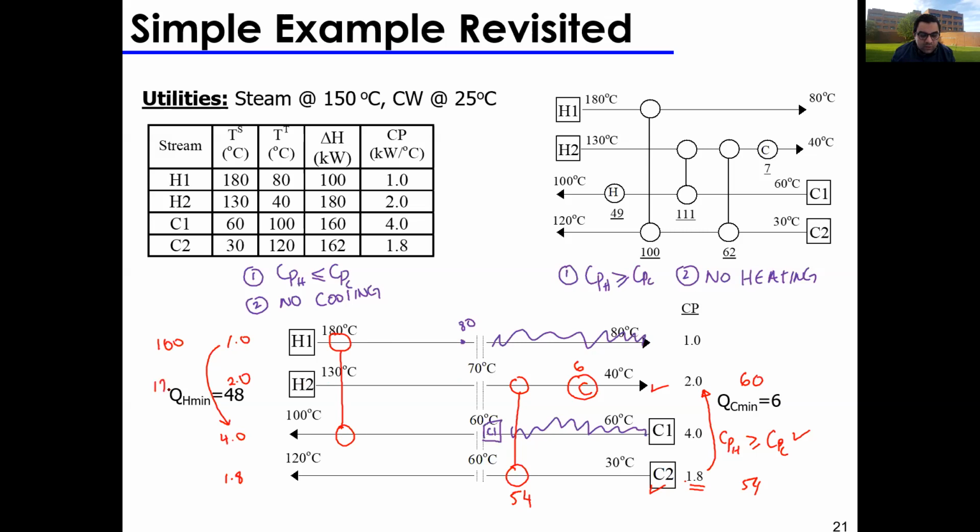I have 120 here. 100 minus 60, 40 multiplied by 4. 160. 120 minus 60 is 60 multiplied by 1.8.